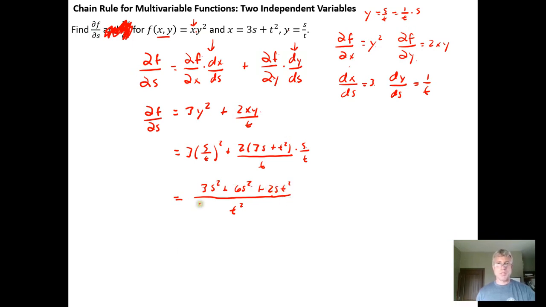And these are like terms. I can go ahead and combine those. So I get 9s squared plus 2st squared all over a t squared term. I can leave it like this or factor that s term off the front. I think this is probably good enough right here.